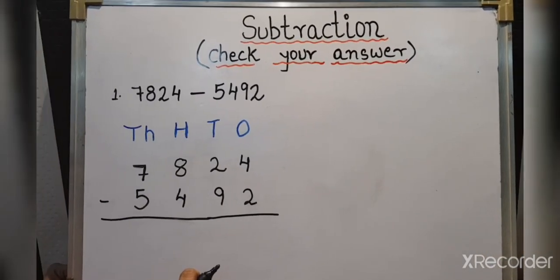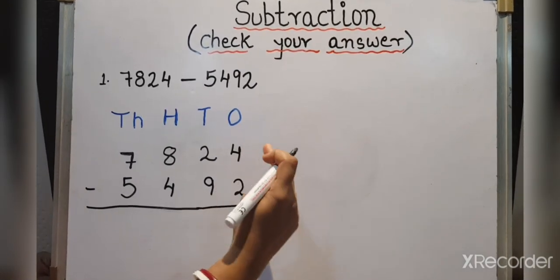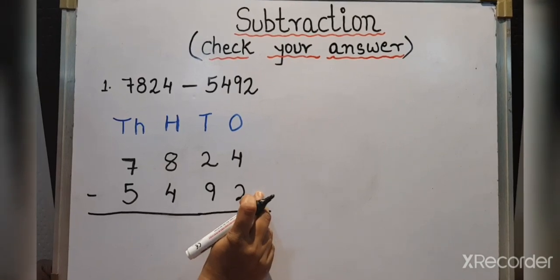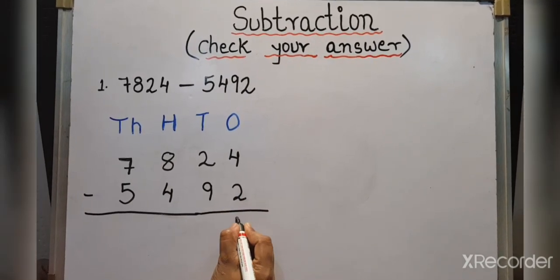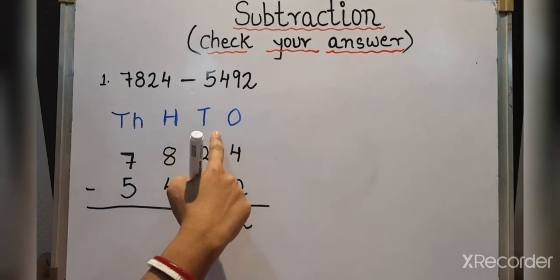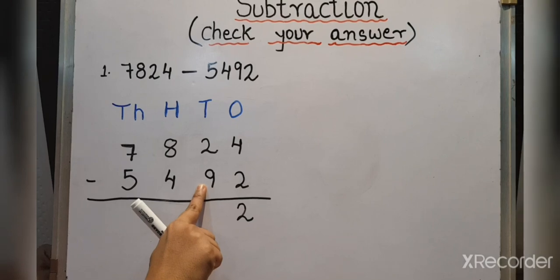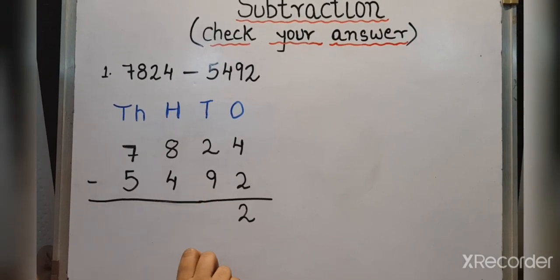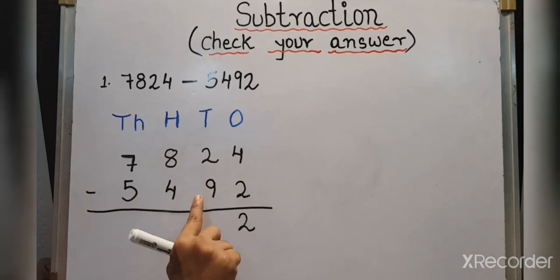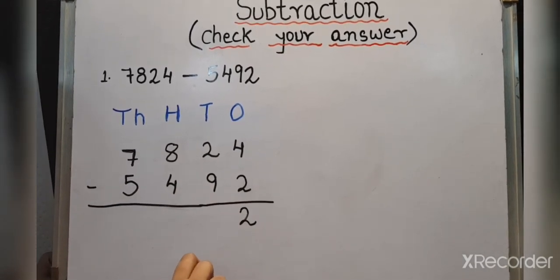Now let us subtract. In the ones place we have 4 minus 2. What is 4 minus 2, children? Yes, it is 2. In the tens place we have 2 minus 9. Is it possible, children? 2 minus 9? If you have 2 chocolates, can you give me 9 chocolates? No, it is not possible.